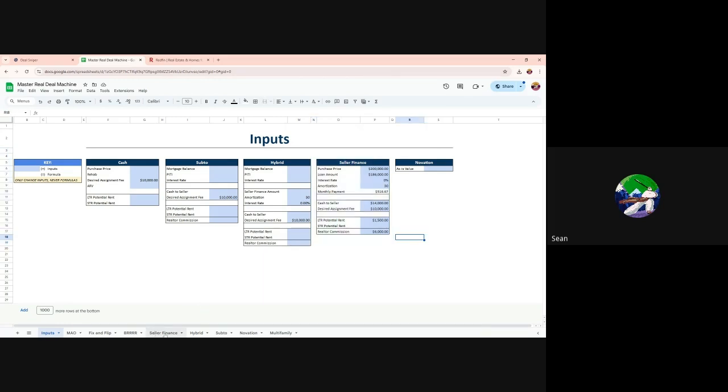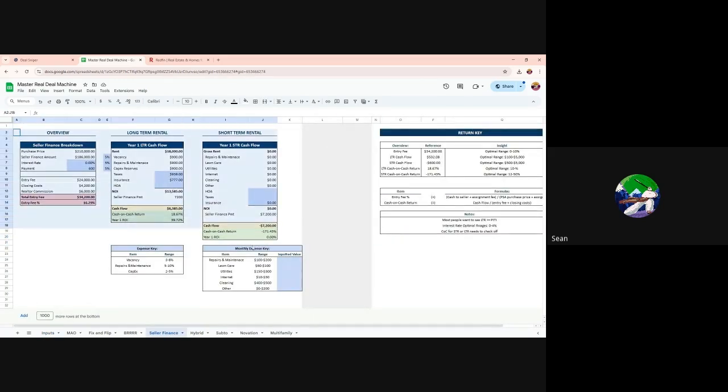Because once you go to this page, this entire page is what it looks like for the buyer or the investor for the deal. So the investor, their purchase price is $210,000 because of our $10,000 assignment fee. They're still financing the same amount, $186,000. Their monthly payment is going to be $600 a month, and their total entry fee is going to be $34,200. $24,000 will be the down payment to the seller, and then your assignment fee.